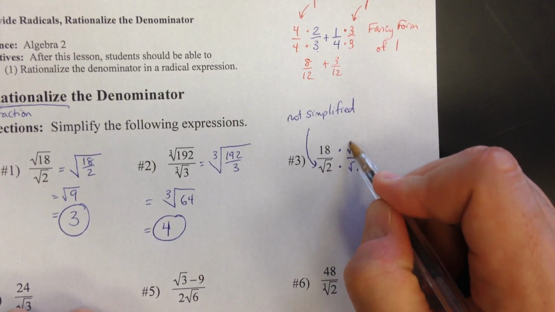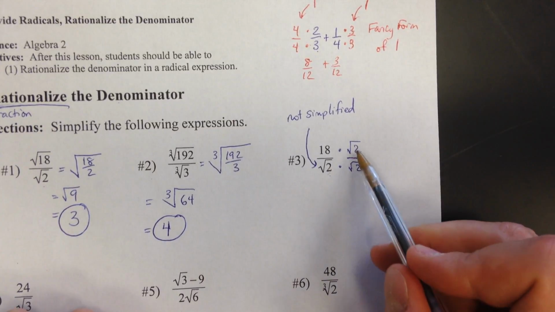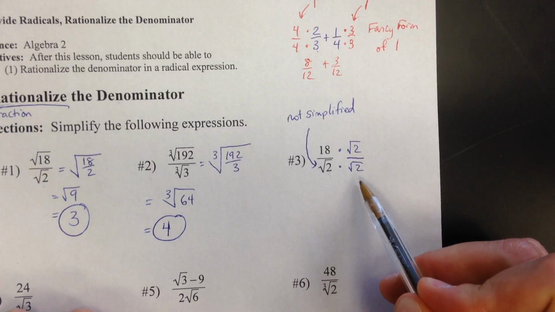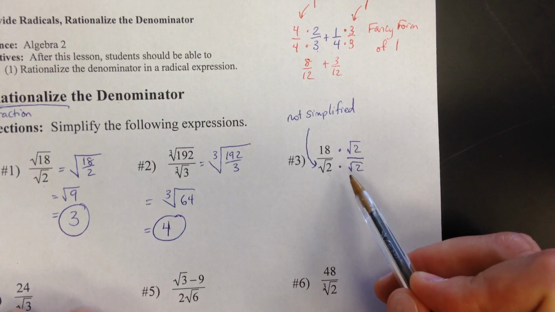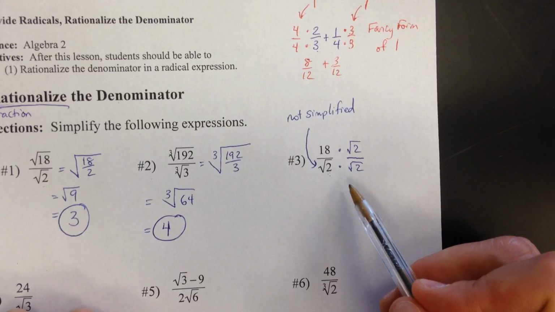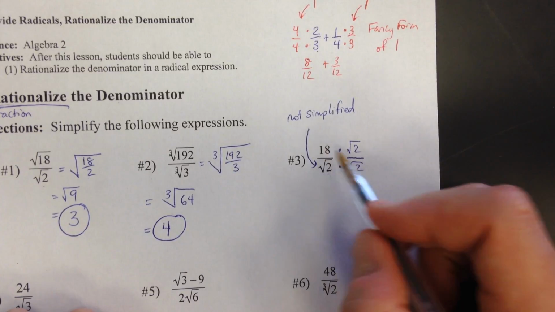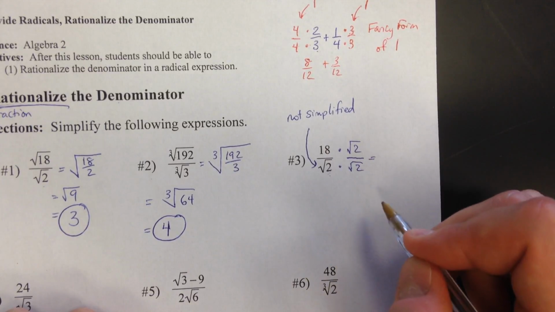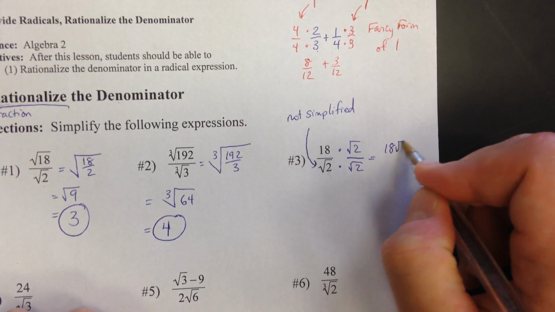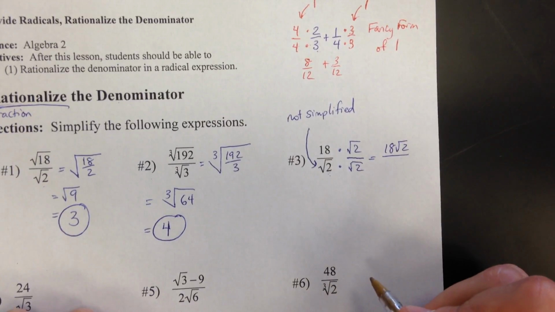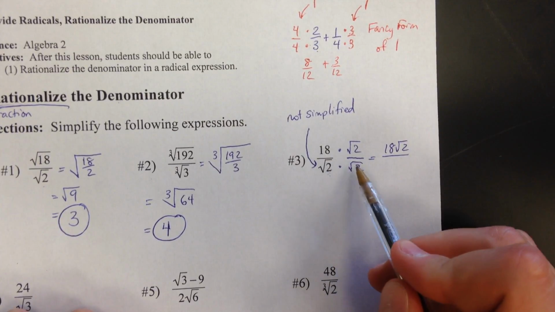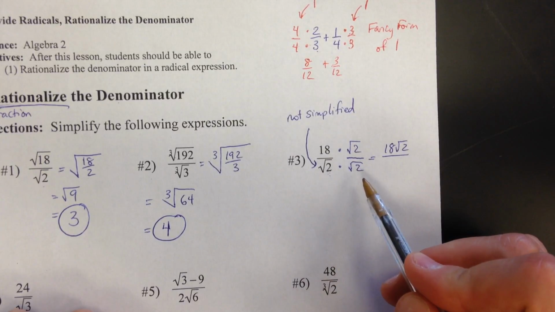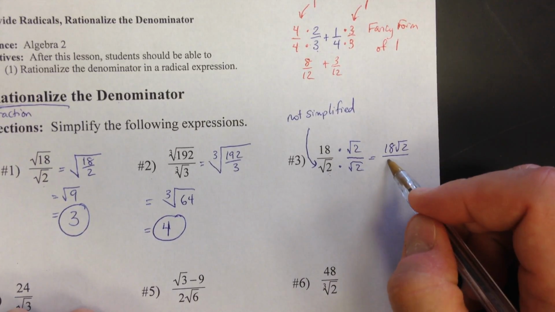I have to multiply the top by the same thing, because now I'm just multiplying by 1. And when you multiply by 1, you get the same thing back. So up top, we get 18 square root 2. In the bottom, the square root of 2 times the square root of 2 is the square root of 4, which is 2.